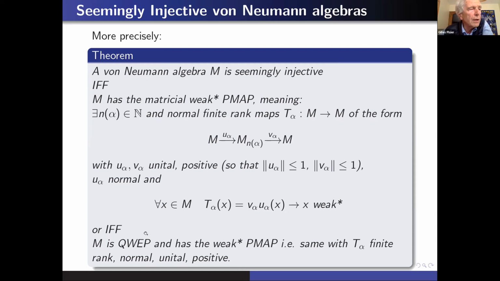And so the equivalent form is that we assume that M is QWEP and it should have the weak star positive metric approximation property, which is the same as the previous one, except no mention of matricial factorization. So just finite rank positive maps, T alpha, unital positive, approximating the identity.